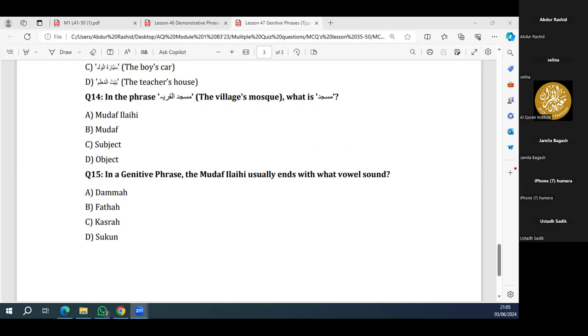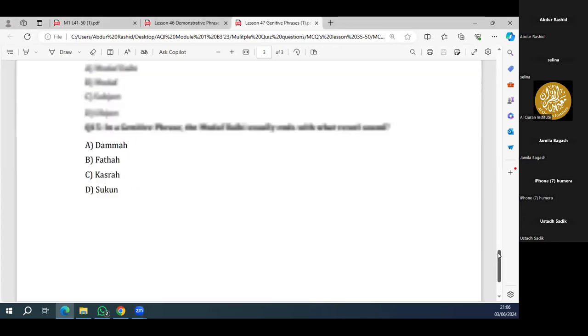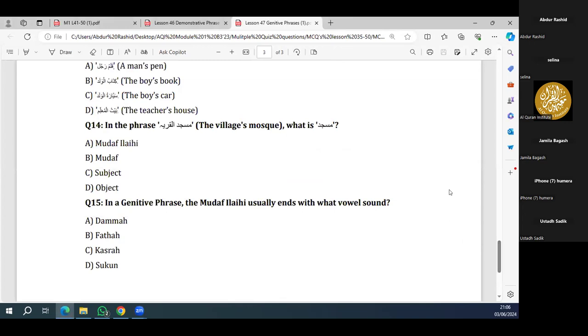They are answering 14 and 15. The correct answer for 14 is mudaf, B. For 15, the answer is C: the mudaf ilayhi is with the kasra.